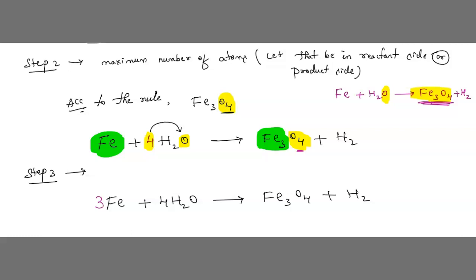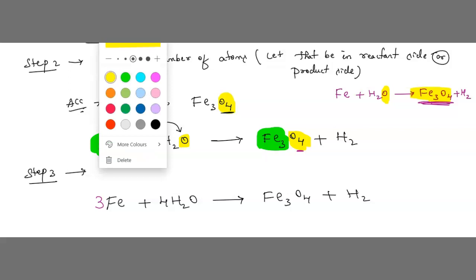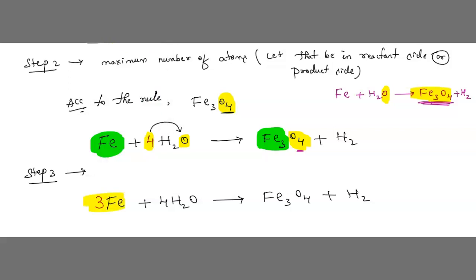Are you getting, children? Now 3 Fe, 3 Fe. Now it is balanced. And after that, here 3 Fe, here also 3 Fe, here 4O, here also 4O. Now we can see here.